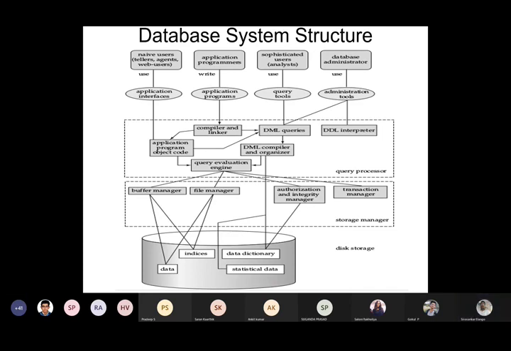So the transaction manager ensures that a transaction satisfies the atomicity property. It ensures that a transaction occurs completely or not at all. A transaction is consistent despite failures, and concurrent execution of transactions takes place without any conflicts.